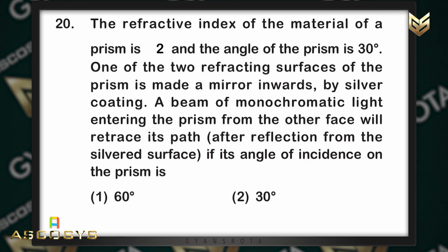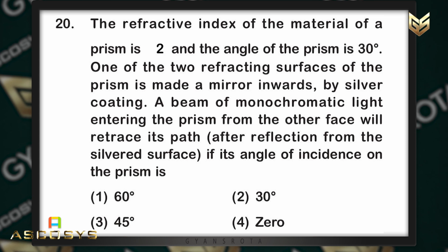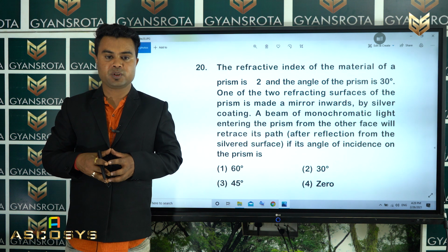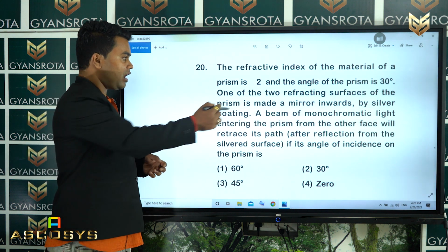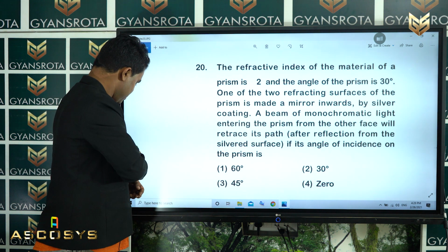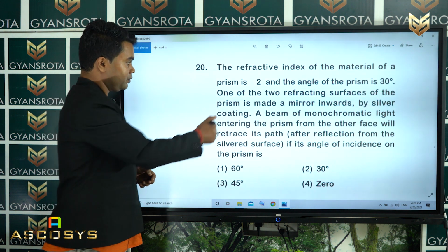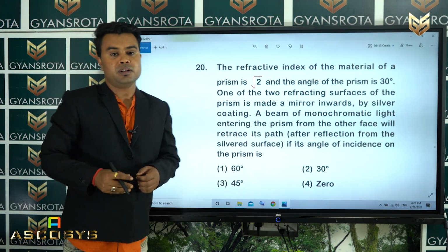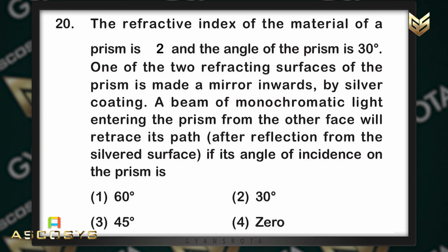The refractive index of the material of a prism is 2 and the angle of prism is 30 degree. In the exam actually this question is given as 2, but it has to be root 2. It will be root 2, please keep it in mind. And the angle of prism is 30 degree.